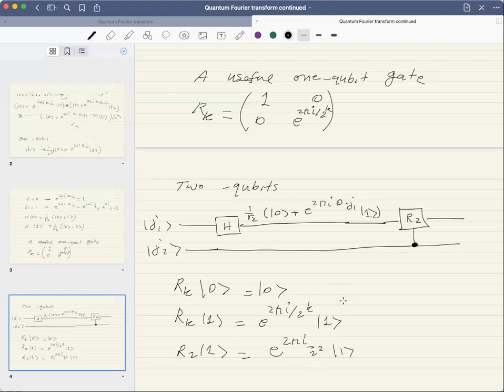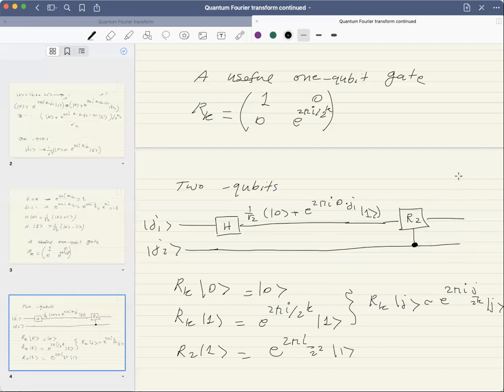So one way to represent this relationship is if RK acts on some state j, essentially it gives e to the 2 pi i j over 2 to the k, right? Because for j equals 0, that's the identity. So we'll see what this is doing.